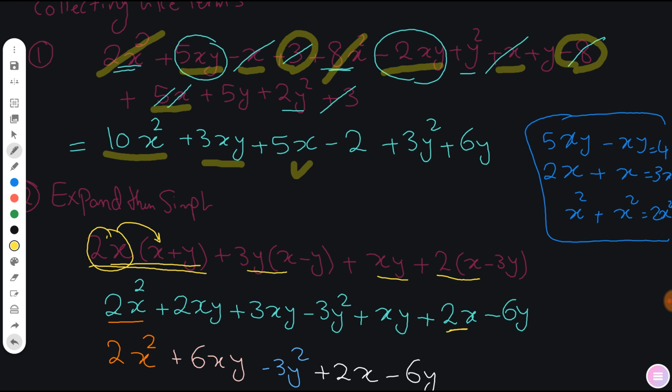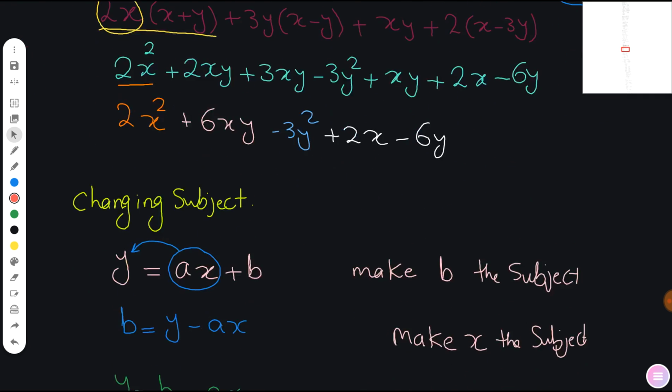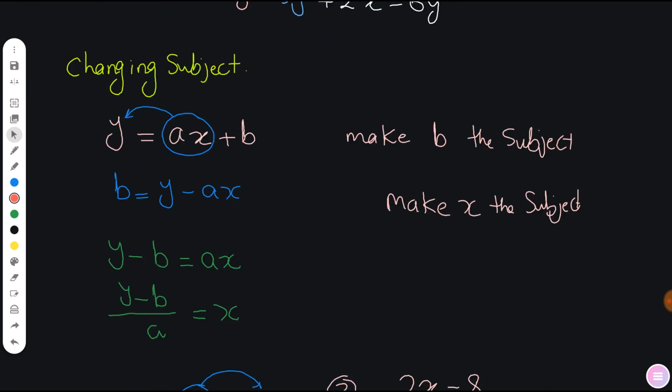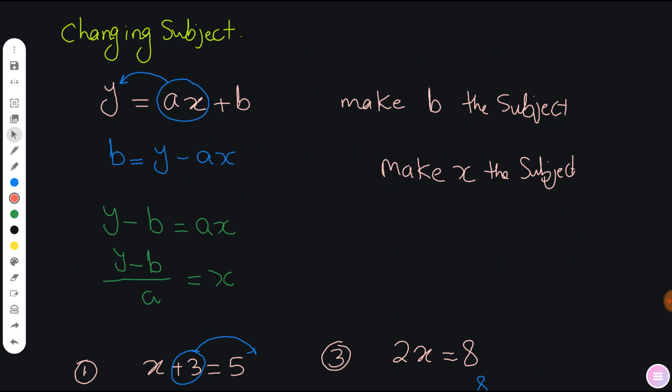Now changing the subject. In the first one we have y equals ax plus b. Make b the subject. What's the meaning of the subject? We have y equals, so y is isolated to be the subject of the equation. When we write y equals something, y is the subject.